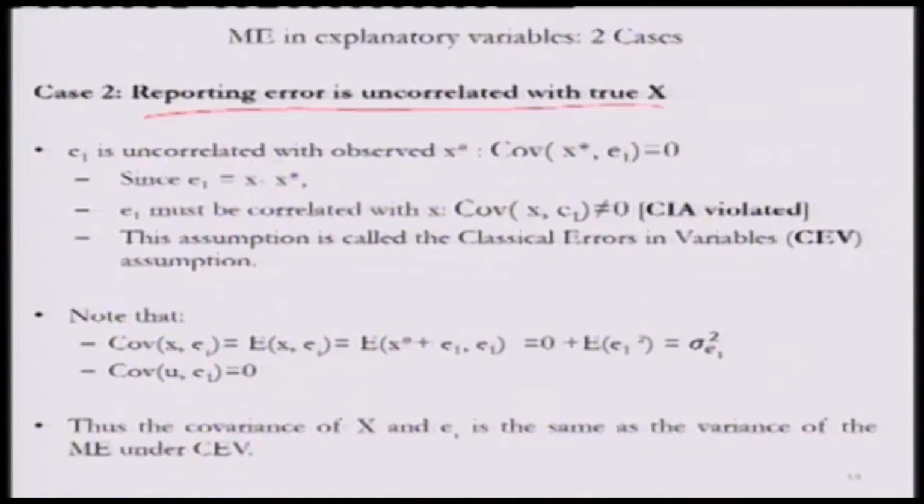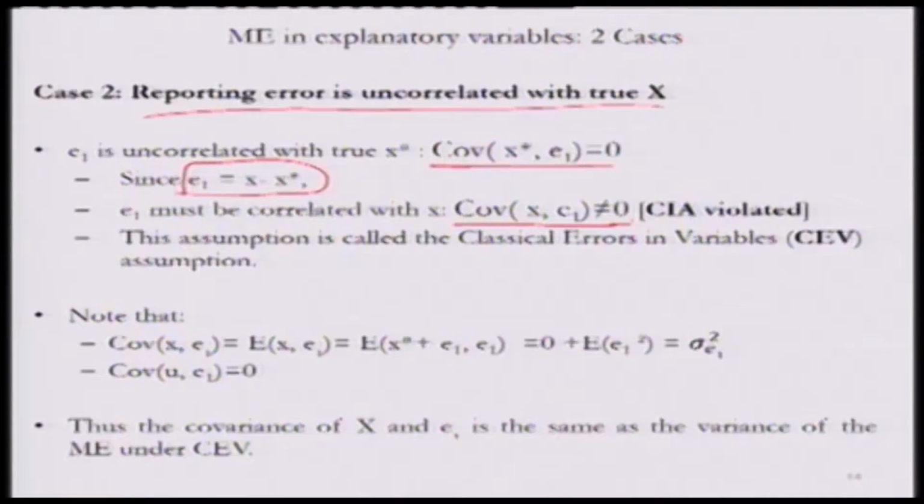Now, if E1 is uncorrelated with the true value x star of x, then the covariance of x star and E1 is equal to 0. But once again, just like before, there is a linear relationship between E1, x and x star, which means that E1 and x must be correlated when E1 and x star are not correlated. So, because E1 and x are correlated, the covariance of x and E1 is not equal to 0.